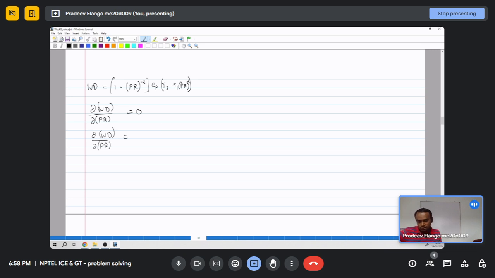So I can write this into individual terms. So I would have Cp. First, I would write work done is equal to Cp into, first 1 into the right hand side terms, that is T3 minus T1 into pressure ratio power alpha, and next minus PR into the other terms, that is minus PR into minus T3 into PR power minus alpha, then minus into minus plus I will have T1 into pressure ratio power.